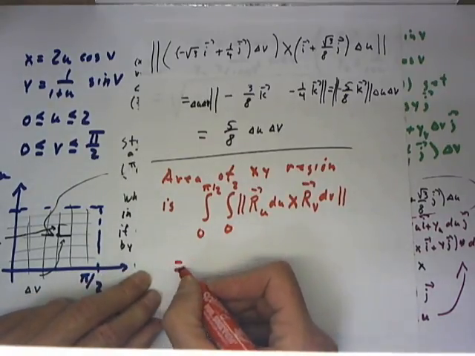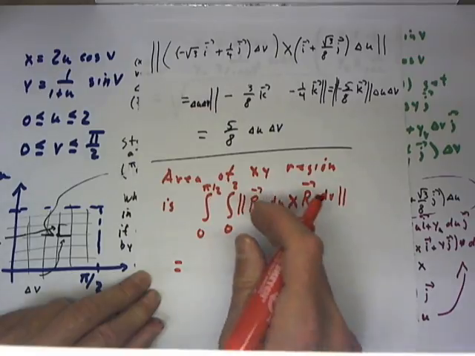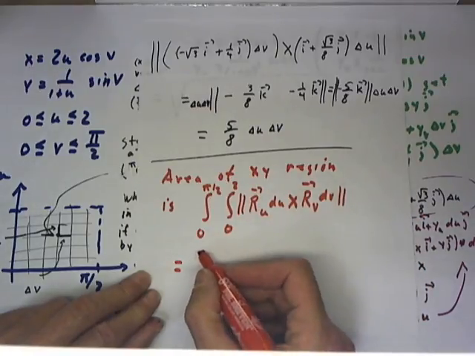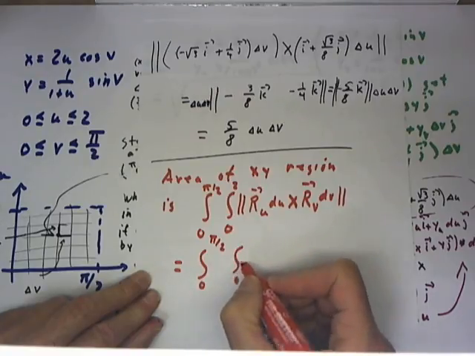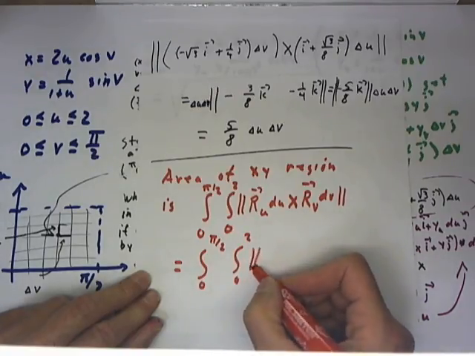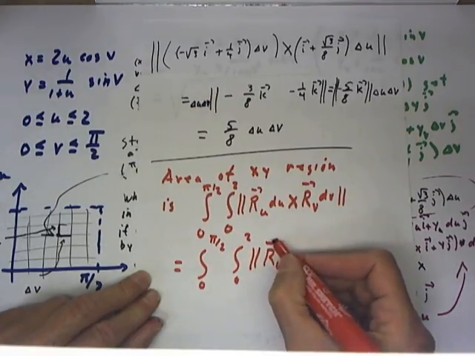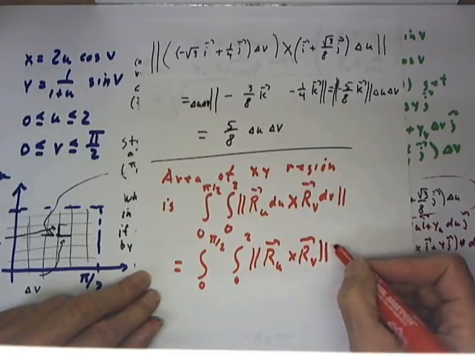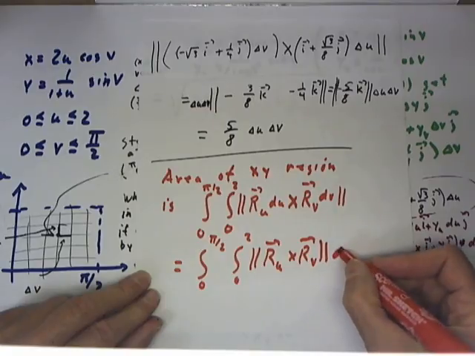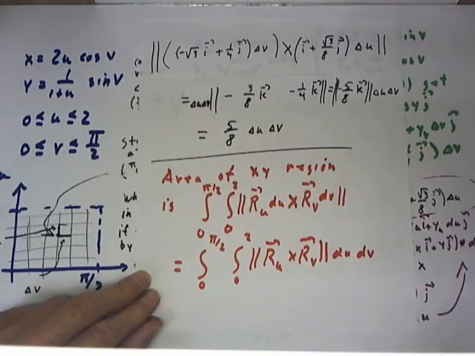And that's then equal to the magnitude, that magnitude rather than absolute value, sorry, the integral from 0 to pi over 2 of the integral from 0 to 2 of the magnitude of ru cross rv, factoring out the du dv.